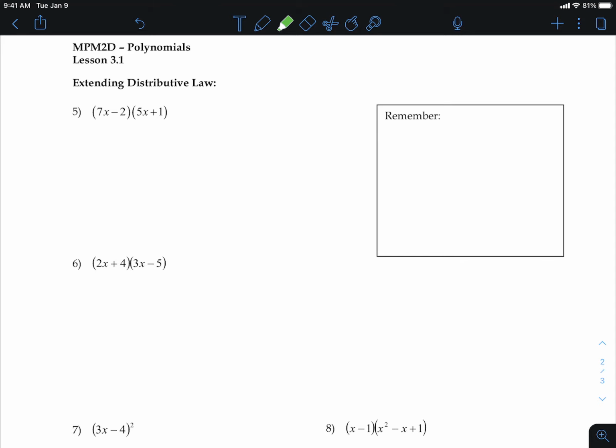Since we've started doing this, I've been using what we call the rainbow method or whatever, okay? By that I mean we take this one, we multiply it by this one. Then we take it again, we multiply it by the second term. But we haven't dealt with this one yet.